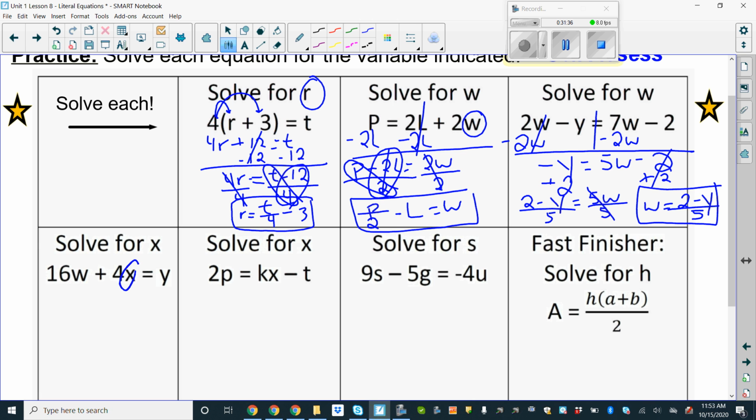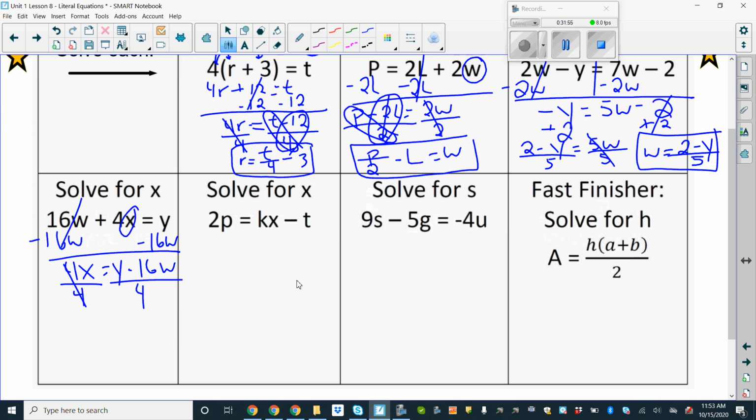Over here, we're solving for x, so we need to move this negative 16W over by adding 16W on both sides. And we're left with 4x equals y minus 16W. We need to solve for x, so divide by 4, and you can simplify this by breaking it apart.